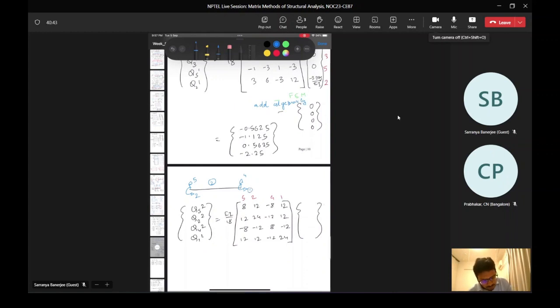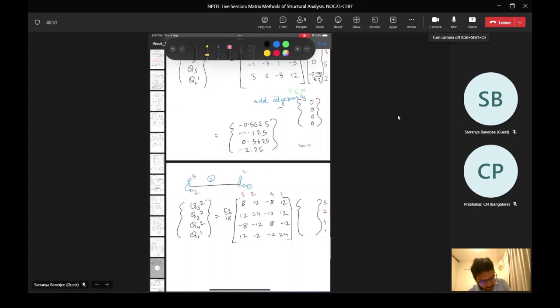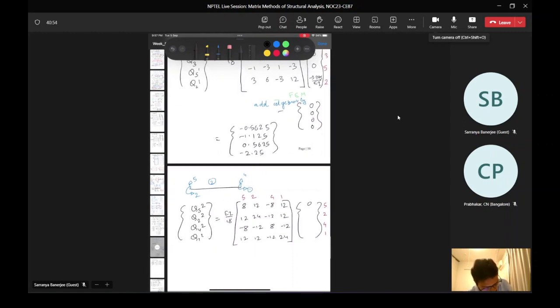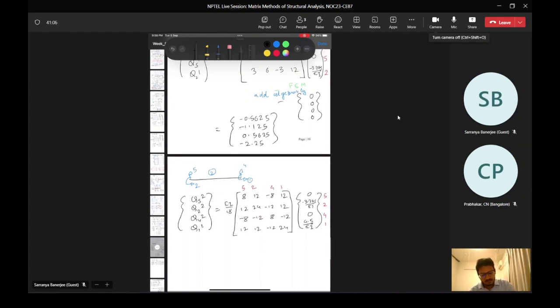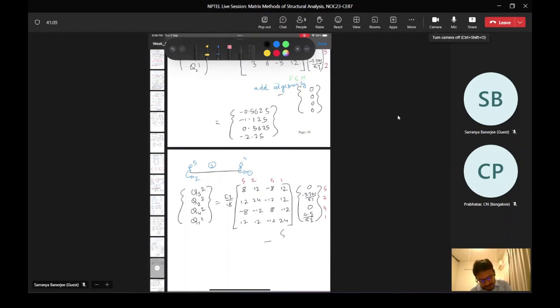Okay. So now 5, 2, 4, 1. So 5 was 0, 2 was minus 3.375 by EI, 4 was 0, 1 was 4.5 by EI. And again subtract or algebraically add the different fixed end moments.